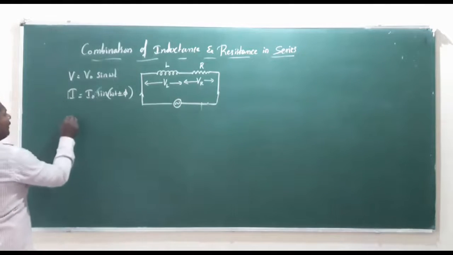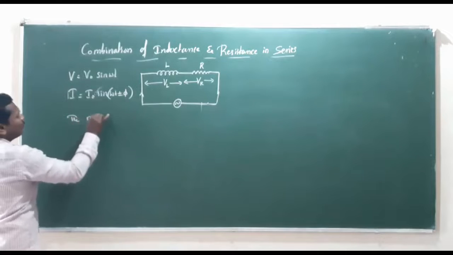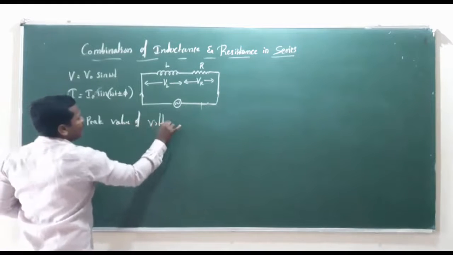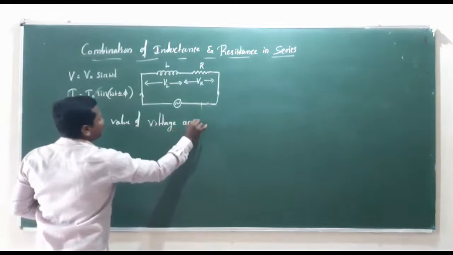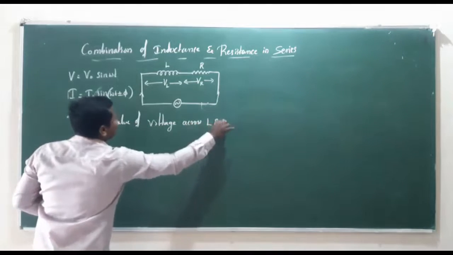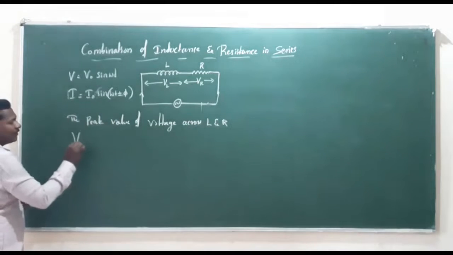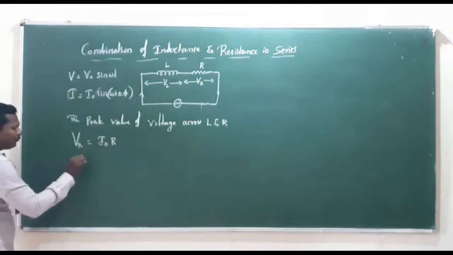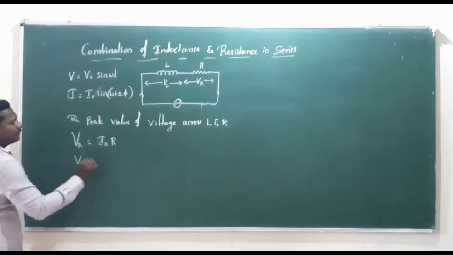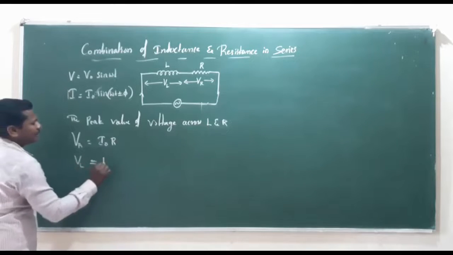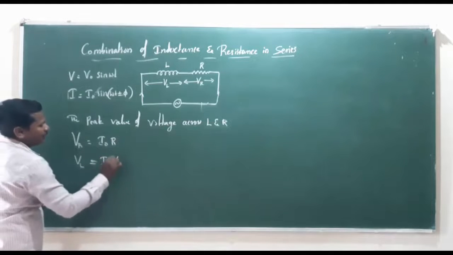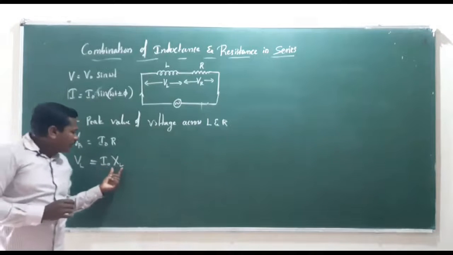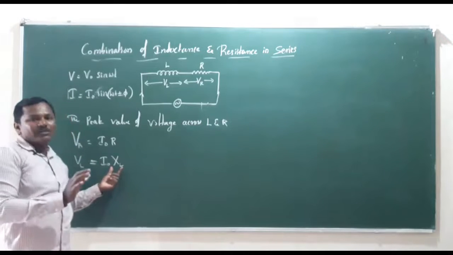Now the peak value of voltage across the resistor can be represented by I naught into R, and the peak value of voltage across the inductor can be written as I naught into χL. Here I naught represents the peak value of the current, and χL represents inductive reactance.